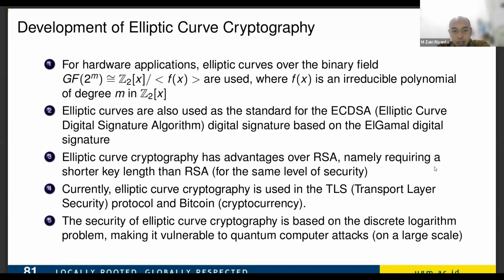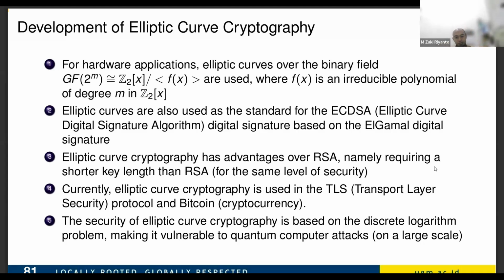and elliptic curve has an advantage over the RSA cryptosystem because elliptic curve cryptography requires a shorter key length than RSA for the same level of security.